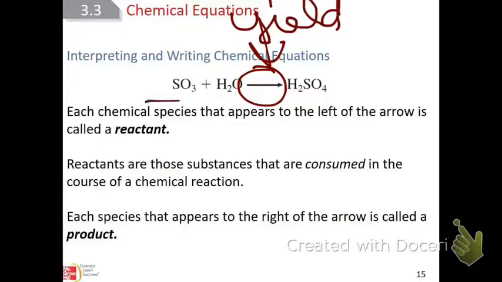It separates the reactants on the left and the products on the right. We always put the reactants on the left, and that's your starting substances. And the products are what we end up with on the right-hand side.